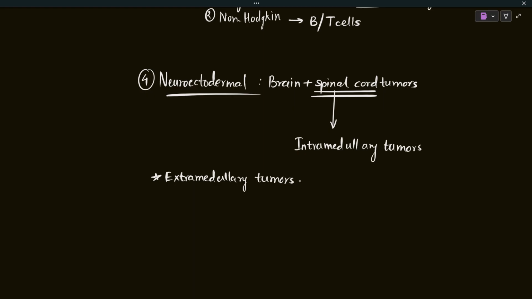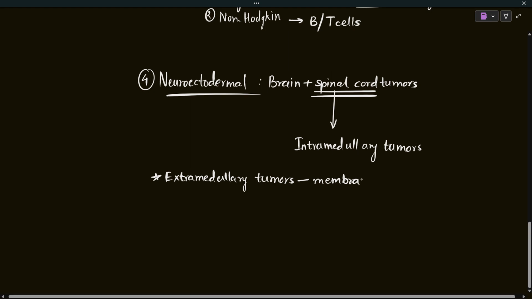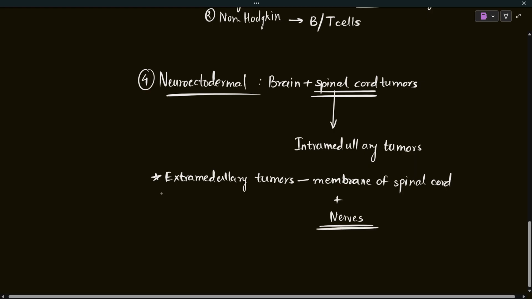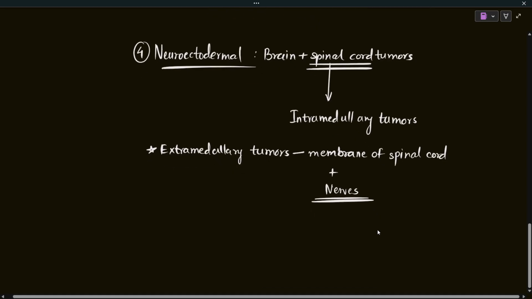So extramedullary tumors are seen in the membrane of the spinal cord, not the spinal cord itself, and in the nerves arising from the spinal cord. The intramedullary tumors are in the spinal cord itself.